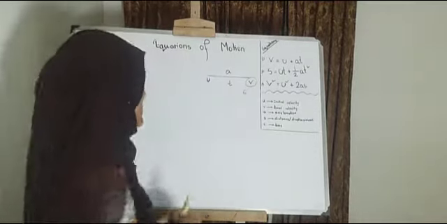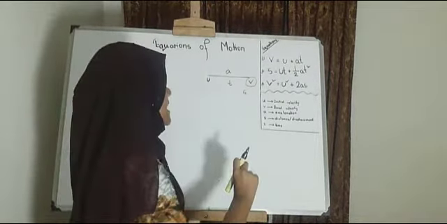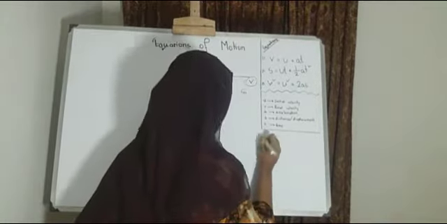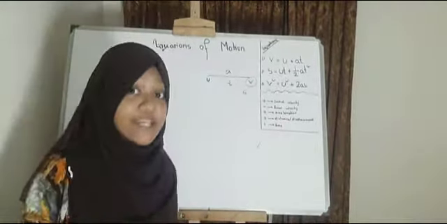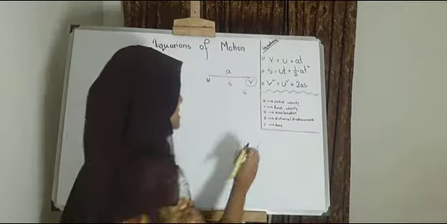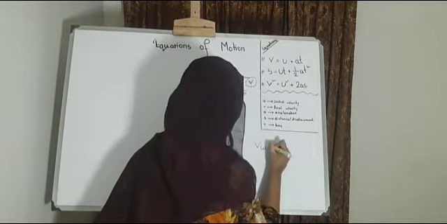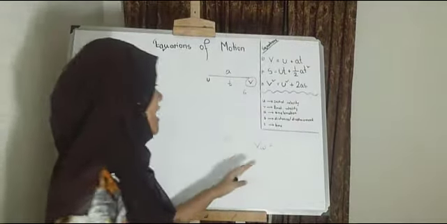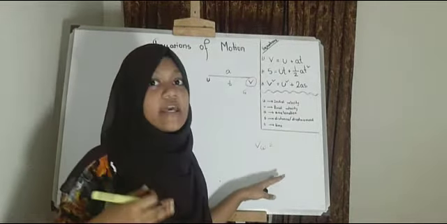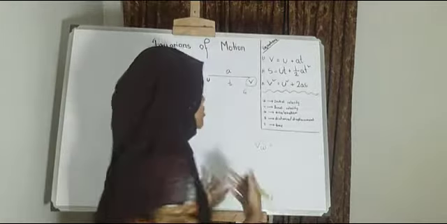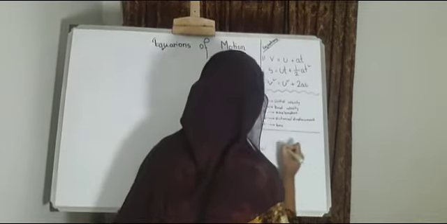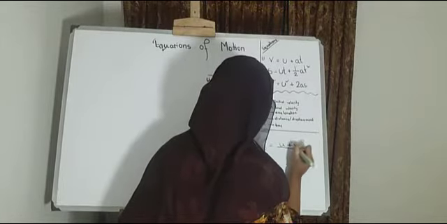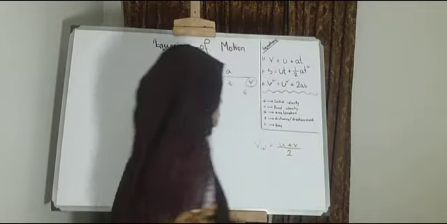Okay, let's see. Before showing that, I want to tell you something. We know that v is the final velocity, right? But for identifying, it's not in the book, v-bar is the average velocity. So average velocity is equal to (u plus v) divided by 2.